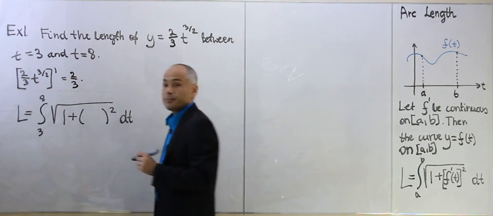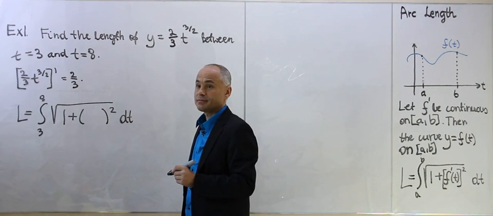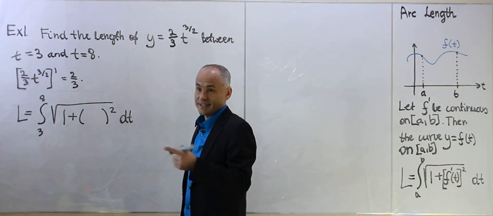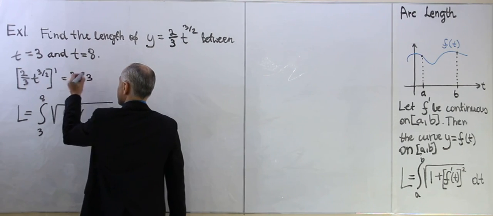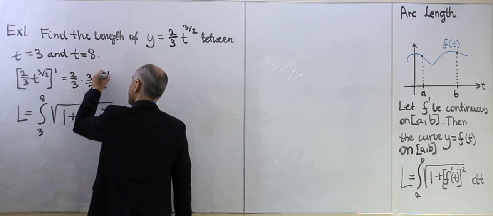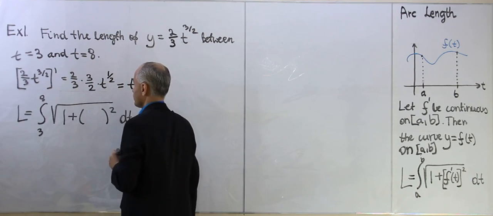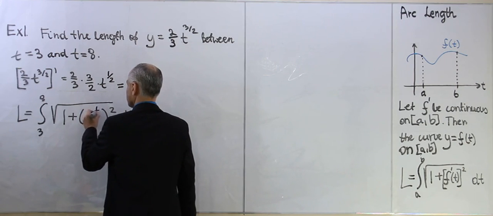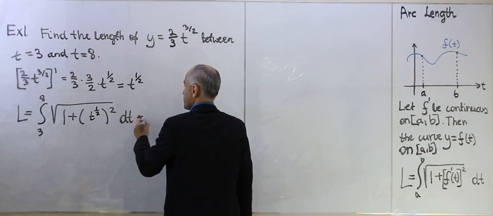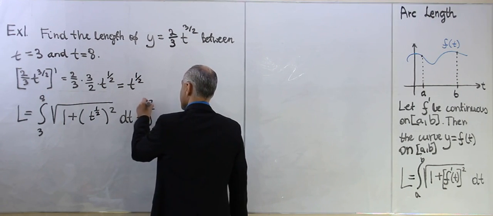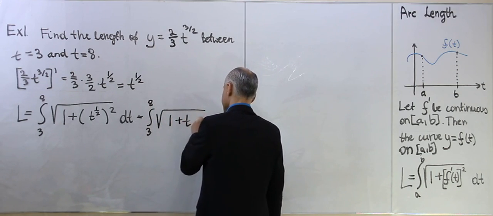And the derivative of t to the power 3/2 is, what is it? If it was t to the n, it's n times t to the n minus 1. So in this case, we get 3/2 times t to the power 1/2. So then we get the integral from 3 to 8 of the square root of 1 plus t dt.